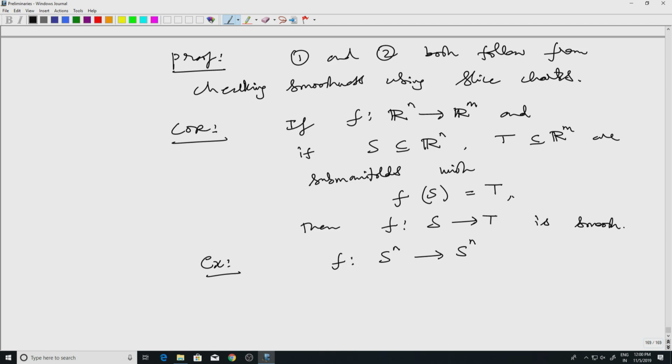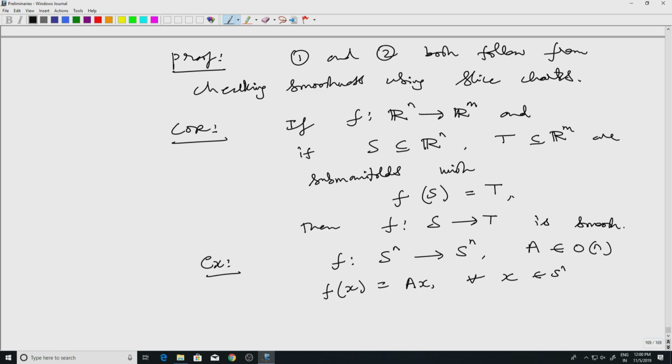Let A be in the orthogonal group On+1, and I define f of x equals Ax for all x in Sn.